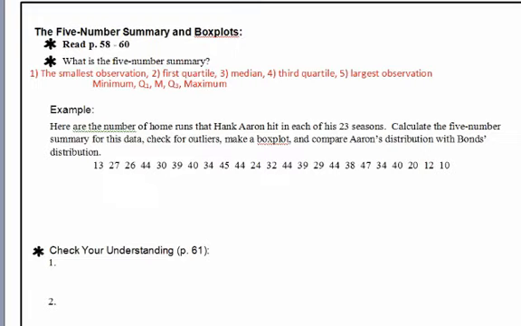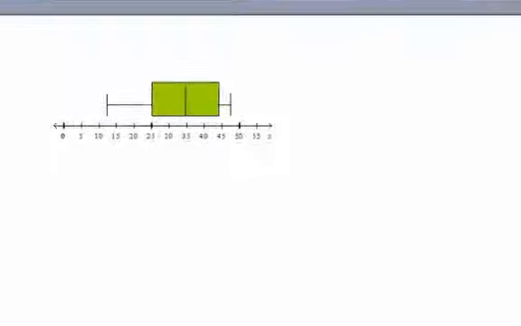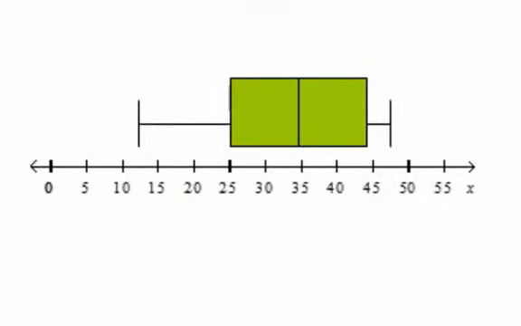The smallest observation is 10, and the largest is 47. There are no outliers. The outliers would have to be less than -1 or greater than 71, and there were none.